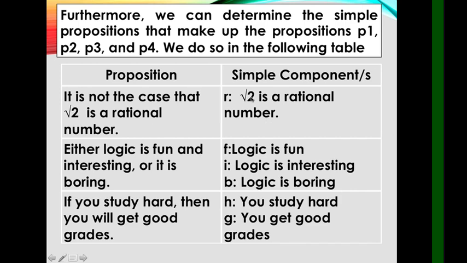So we cancel the word not. Another, either logic is fun and interesting or it is boring. So we can make three simple declarative sentences here: logic is fun, logic is interesting, and logic is boring. So this is a compound proposition.